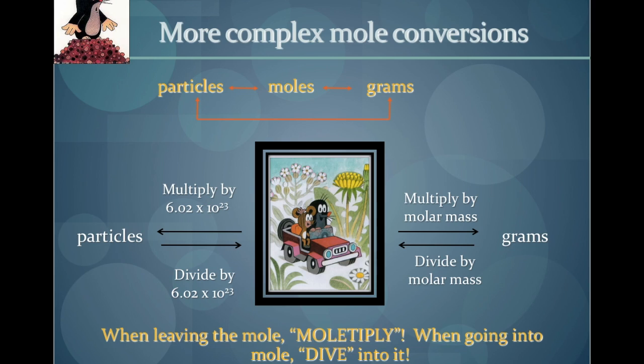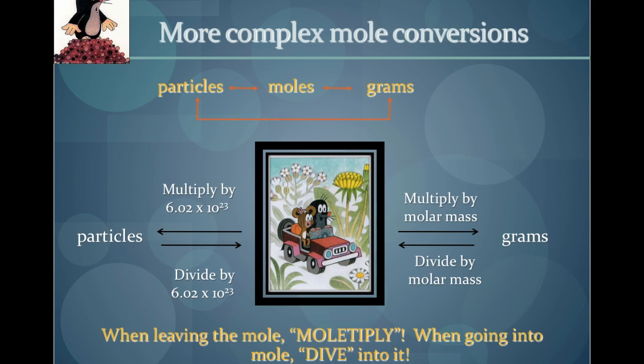If we multiply by the molar mass, we go from moles to grams, and we can go the other way from grams to moles by dividing by the molar mass. And then we can go all the way through in 2 steps, from particles to grams or from grams to particles. And if you're into cute little mnemonic devices: when leaving the mole, multiply, and when going back into the mole, divide into it. So use that if it helps, I guess.